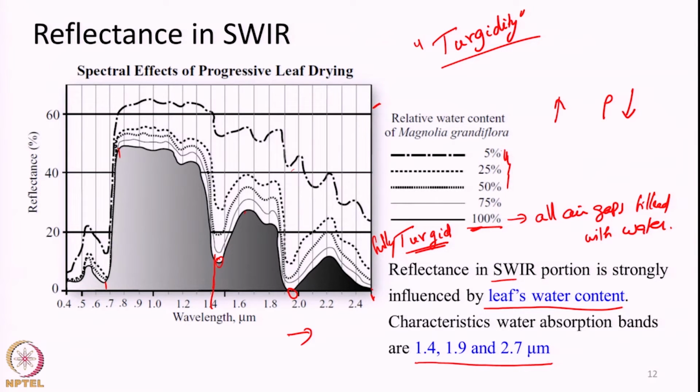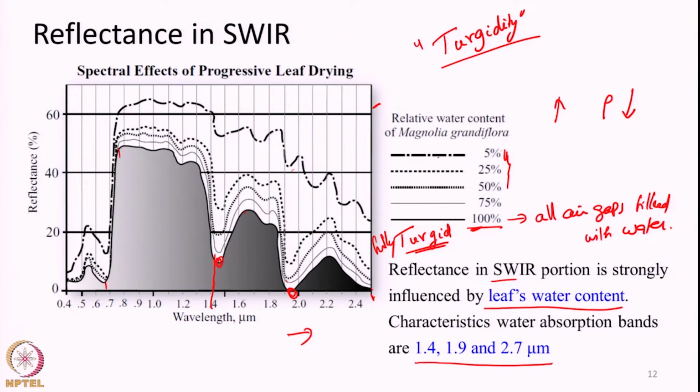As vegetation's water content increases, the absorption bands at 1.4 and 1.9 become very dominant and very strong. And as the leaf's water content decreases, say now the water content has moved to 75%, reflectance has increased slightly and the absorption bands have become slightly weaker.